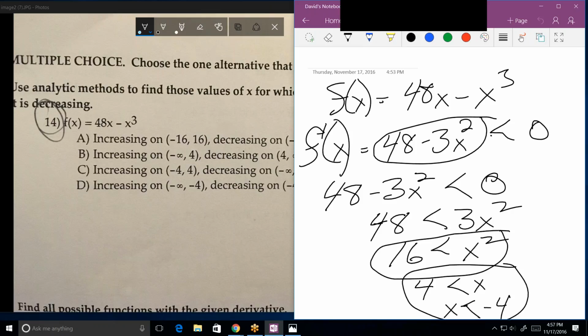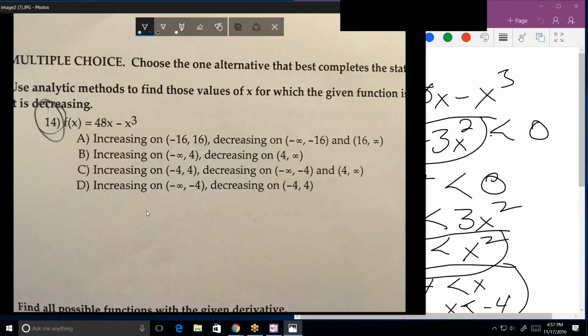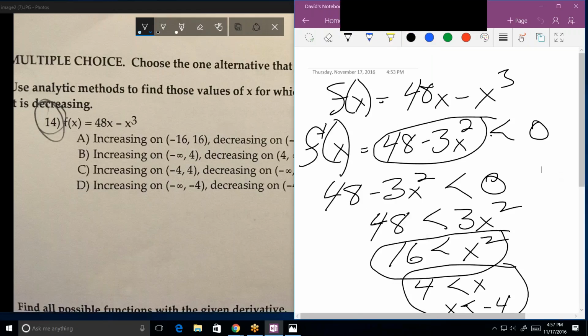So where is that here? Oh, I didn't quite get the whole problem. It was where it was increasing, where it was decreasing. Well, it's pretty easy to see that it's decreasing whenever x is less than minus 4 or greater than 4. It's going to be increasing when x is between minus 4 and 4.